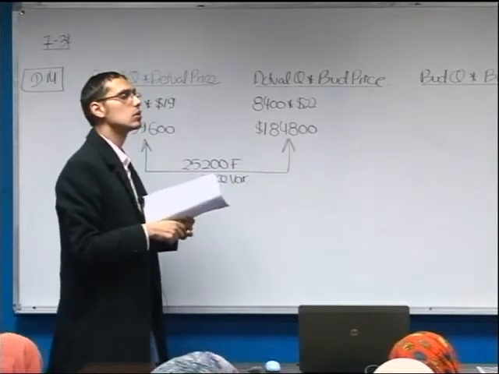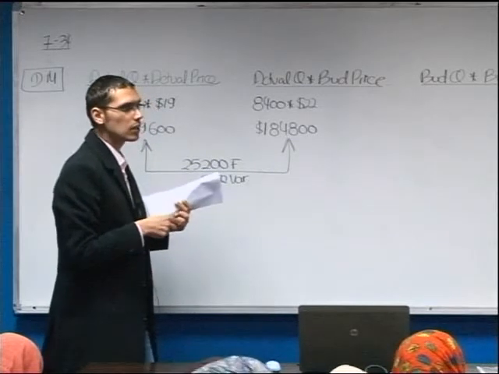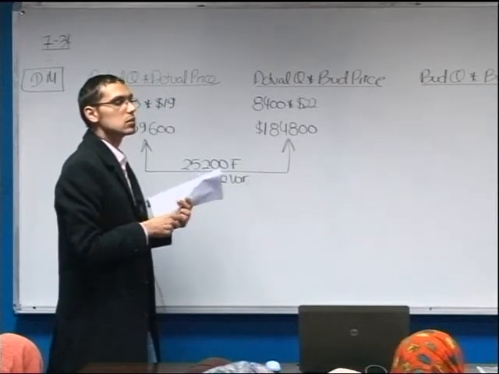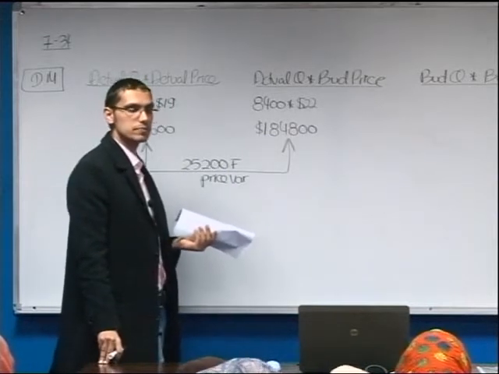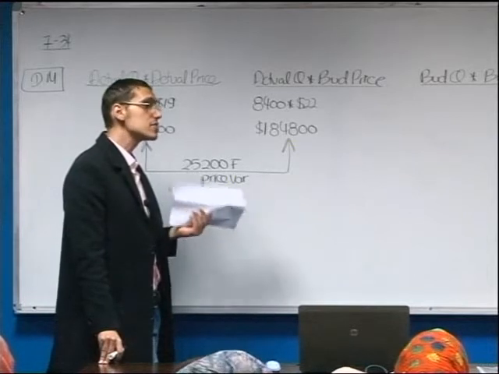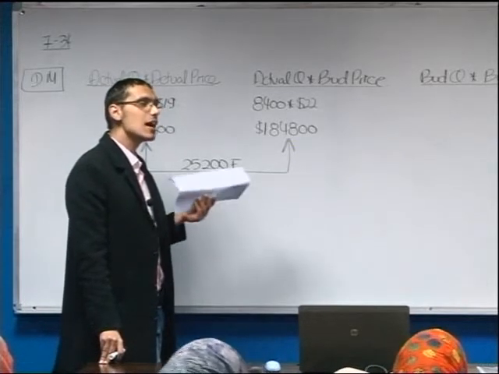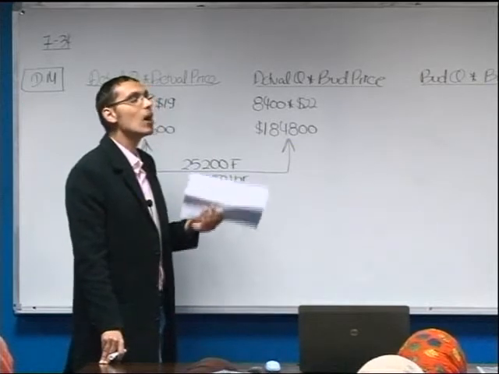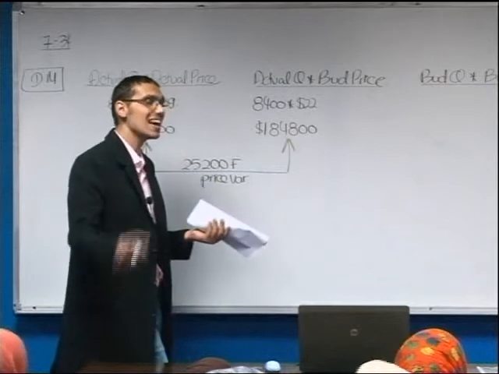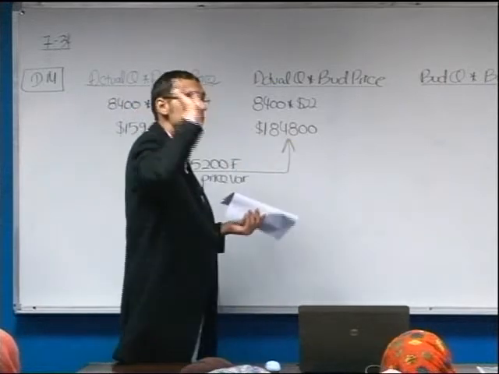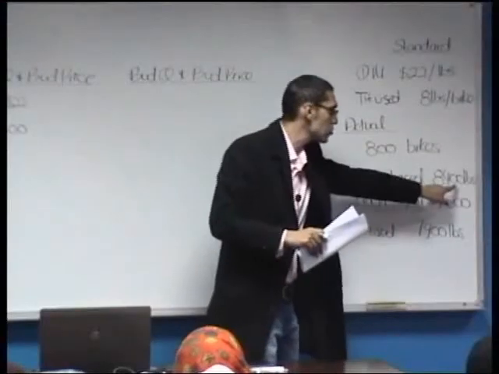Now, we need to consider the efficiency variance. The efficiency variance, as we all know, considers the difference between the quantities, between the budgeted quantity and the actual quantity that has been used within the process. Therefore, I'm not going to use now the 8,400 pounds.